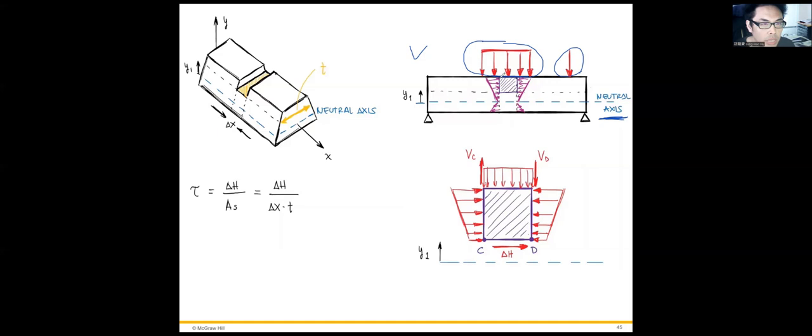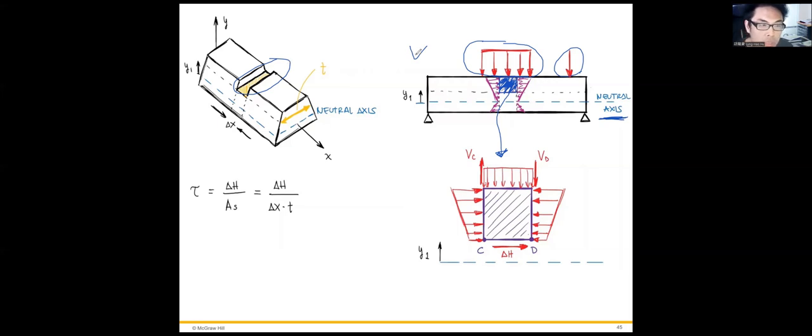If we look into a small infinitesimal element right here, or say we remove one part from this beam, what do we get?